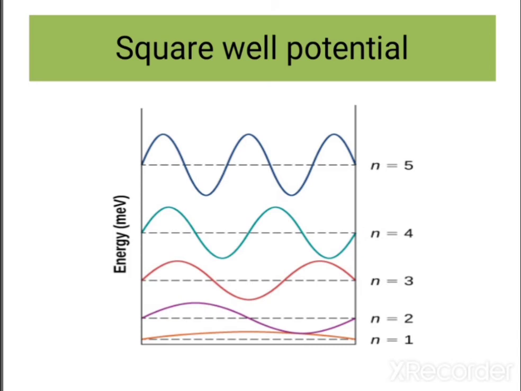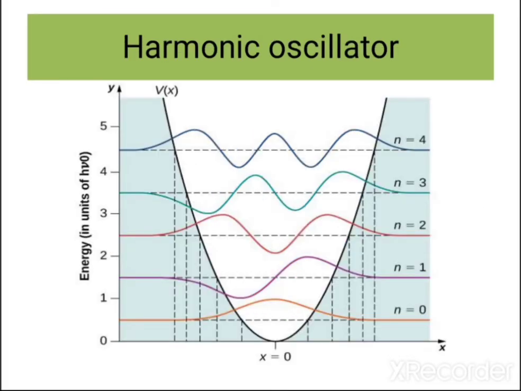The wave solutions of such a potential consist of alternating even and odd parity wave functions, like symmetric, anti-symmetric, symmetric, anti-symmetric, or you can say even, odd, even, odd. Other examples include the harmonic oscillator, in which the potential is symmetric with respect to reflection along the origin of the x-axis, and you will find the ground state wave function is even, the first excited state is odd, and so on.